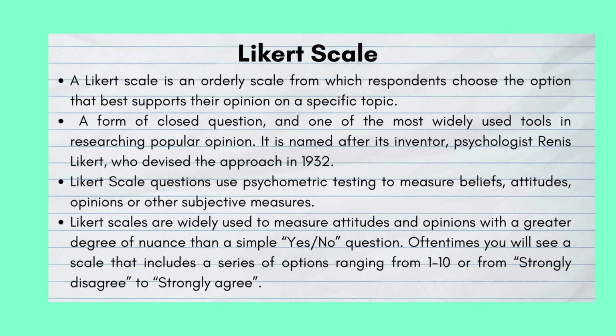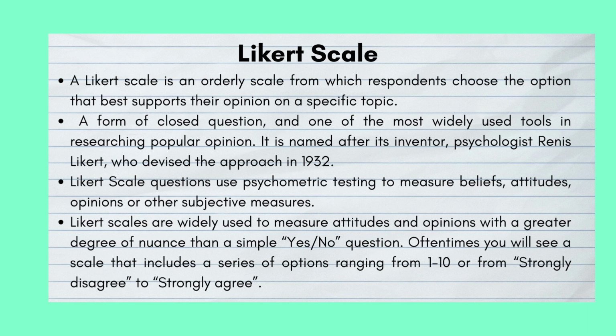Last one is the Likert scale. A Likert scale is an orderly scale from which respondents choose the option that best supports their opinion on a specific topic. A form of closed question and one of the most widely used tools in researching popular opinion.